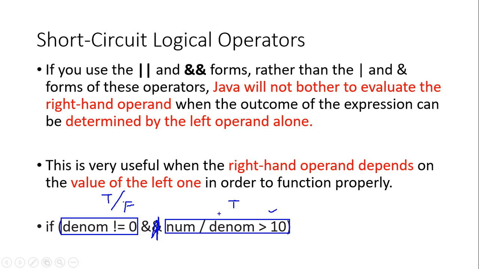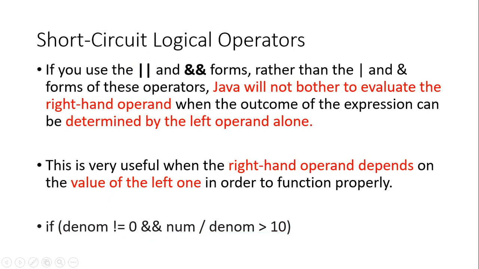Now, I don't want the evaluation of the second expression at all times. Sometimes I want to do it, but sometimes I don't want the second expression to be evaluated. In this case, I can go for the short circuit logical and and logical or operators.